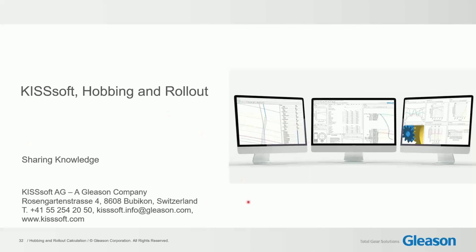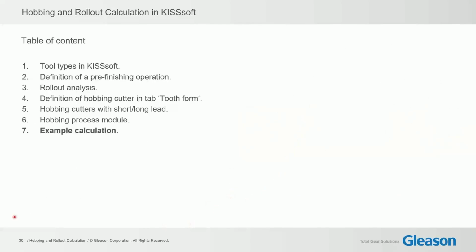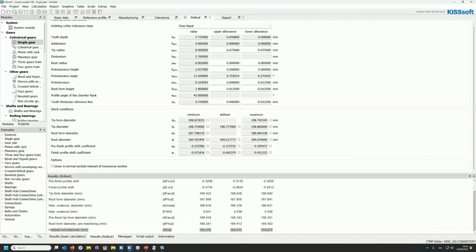So the root stresses can be calculated either theoretically according to the standard calculation, or you can also calculate the root stresses using FEM calculation in 2D or 3D. And you have to do one calculation at a time, so it's not possible to do with and without at the same time.